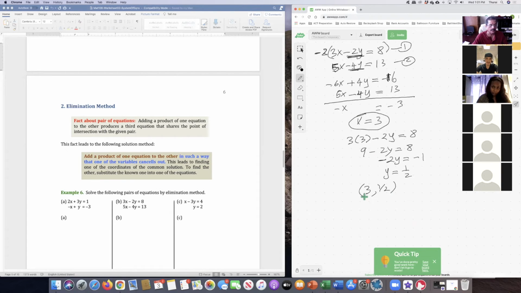Okay, let me ask you a question. Instead of eliminating y, suppose that I want to eliminate the x. I can do it, even though the numbers are not easy to work with. Anybody see what numbers I should multiply the equation by, and which equation? You can multiply the first one by -5, and the second one by 3.